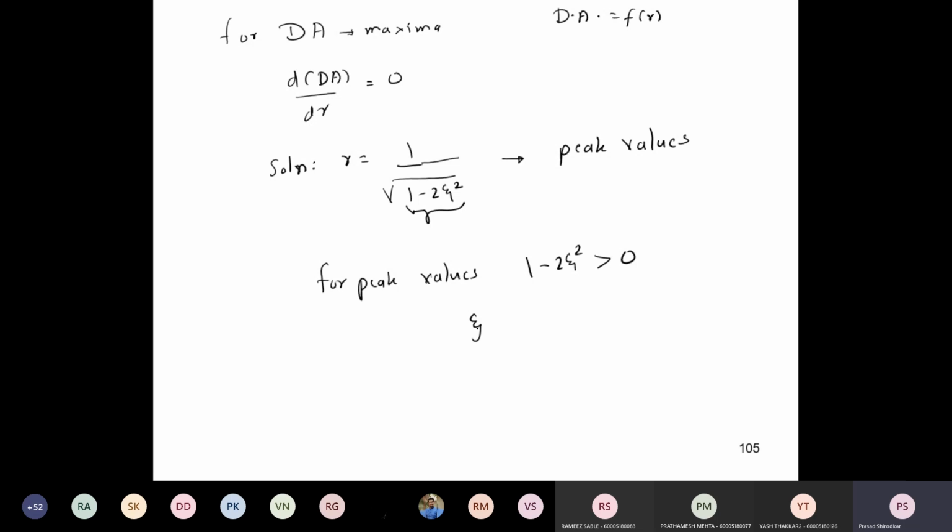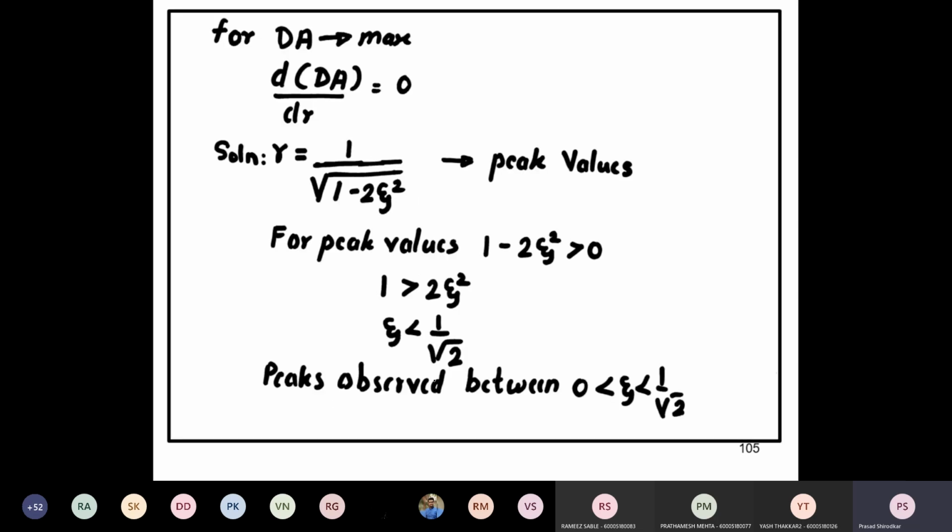So zeta should be less than 1 by root 2. You will get peaks when zeta is in this range, from 0 to 1 by root 2. This is another feature of this curve. Now we'll plot this curve. Any questions so far?